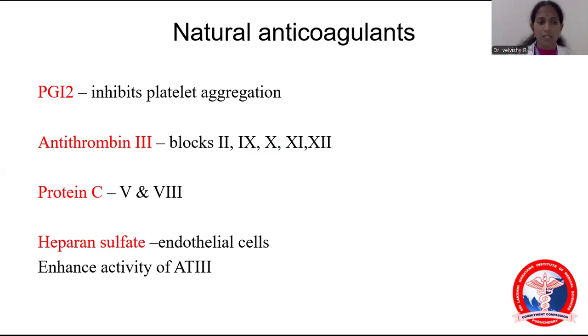Protein C also we have, which acts on factors 5 and 8, and we have heparan sulfate. The action of heparan sulfate is that it always enhances the action of antithrombin 3. So heparan sulfate activates antithrombin 3, and antithrombin 3 blocks factors 2, 9, 10, 11, and 12.